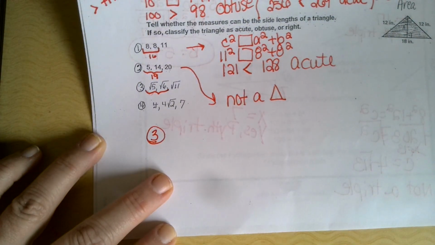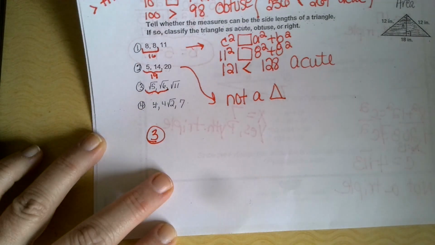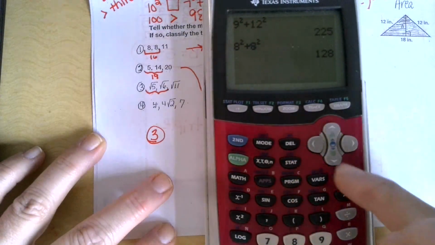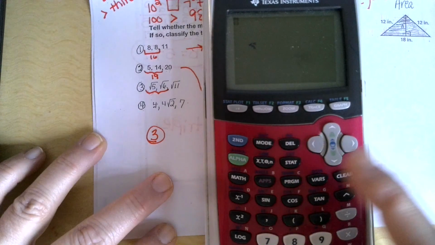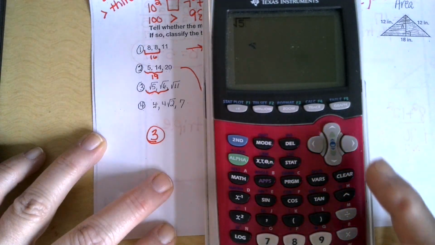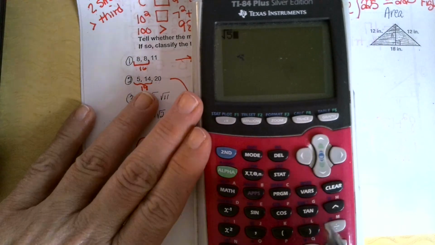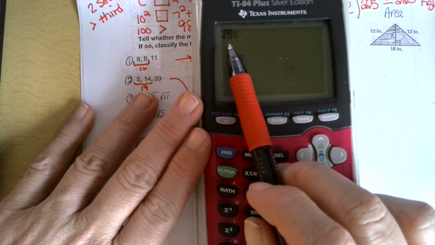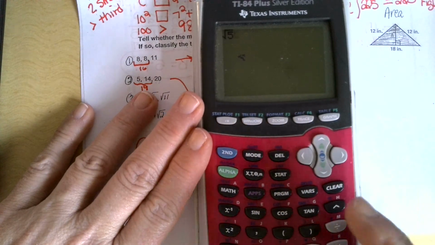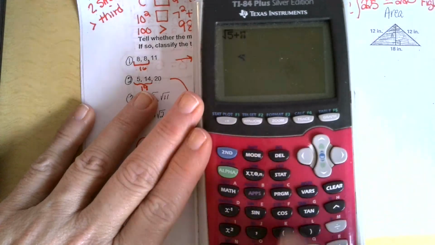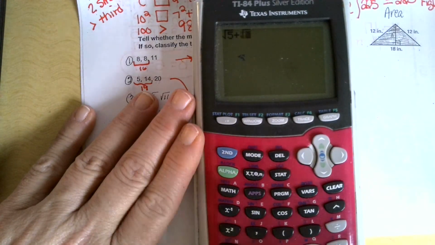Okay. Now, the only way really to tell this one is to look at the decimals. So you can get the decimals in here, or you can say, what is the square root of 5 plus the square root of 6?